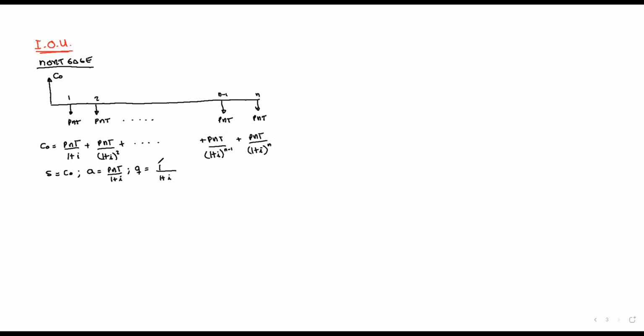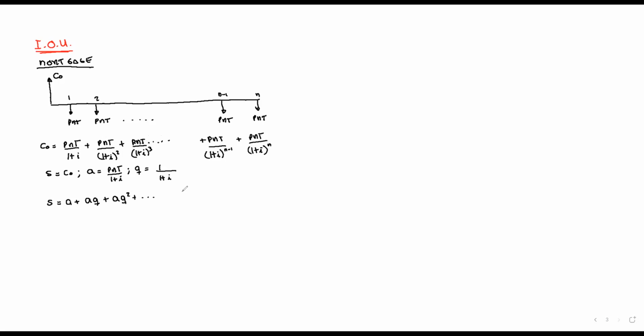Okay, so if I simply rewrite this in terms of these new letters, S is going to be equal to A plus AQ plus AQ squared. Remember, just to see, PMT over (1 plus I) cubed, so the next one is going to be A times Q squared.